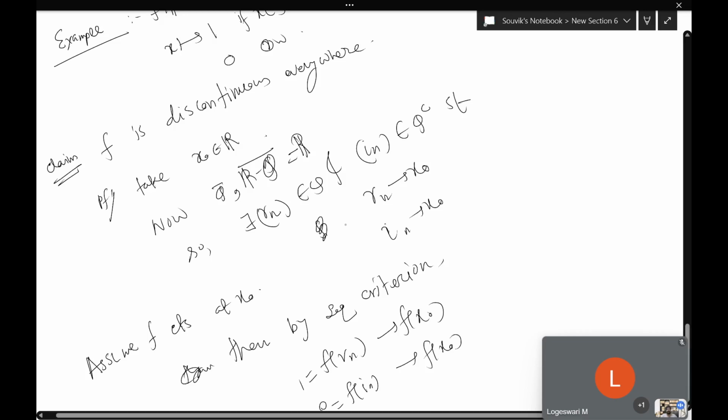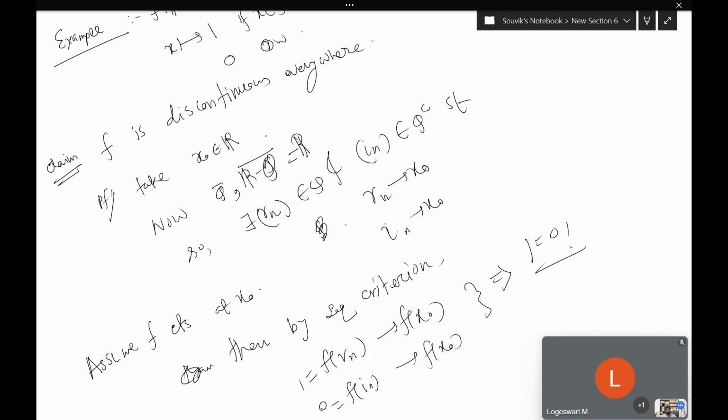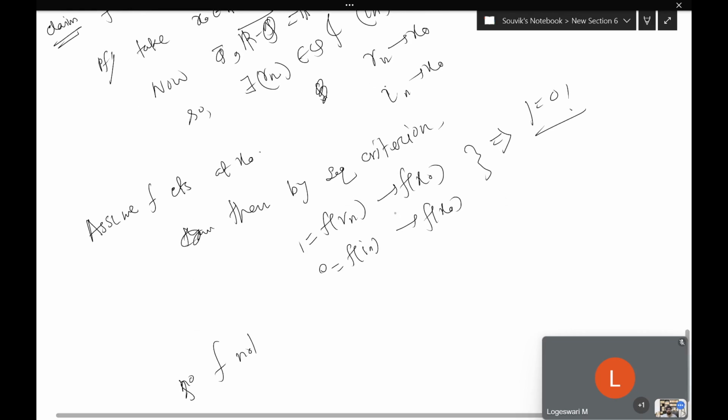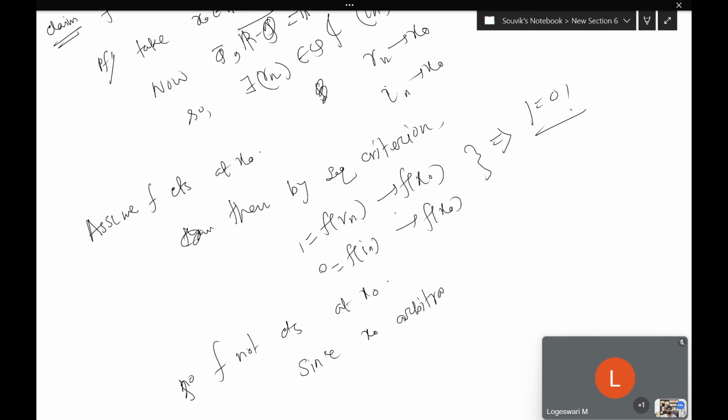By the uniqueness of limits of a sequence, this gives 1 equal to 0, a contradiction. So f is not continuous at x naught. But since x naught is arbitrary, f is discontinuous everywhere.